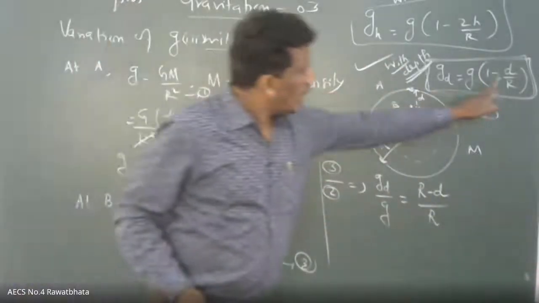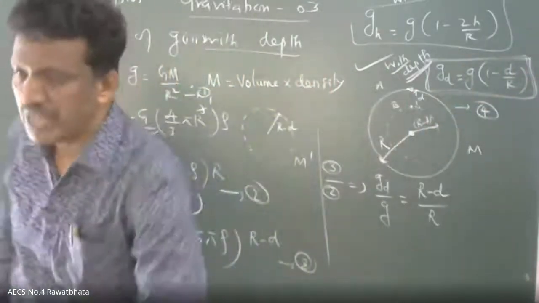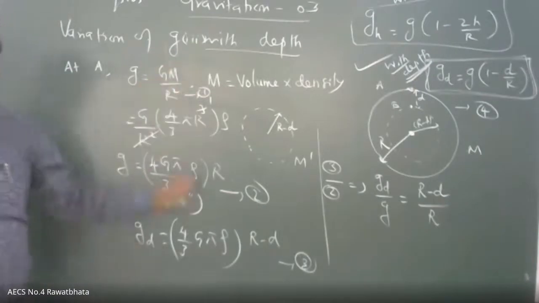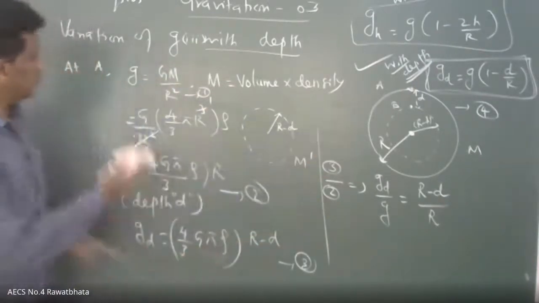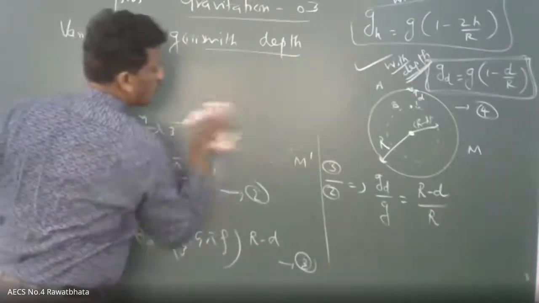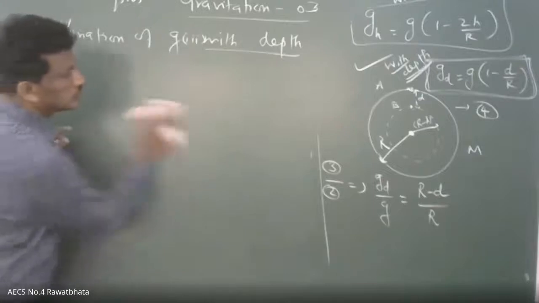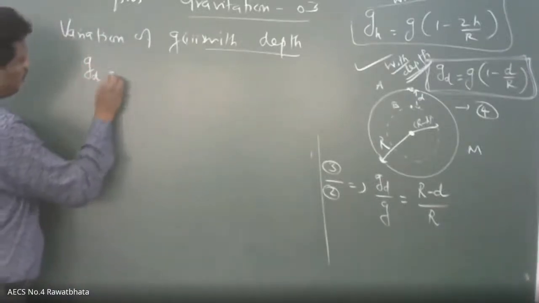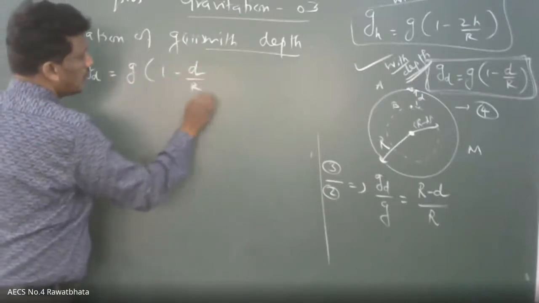Now you see, as the depth increases, what about the g_d value? So g_d equals g into 1 minus D by R.